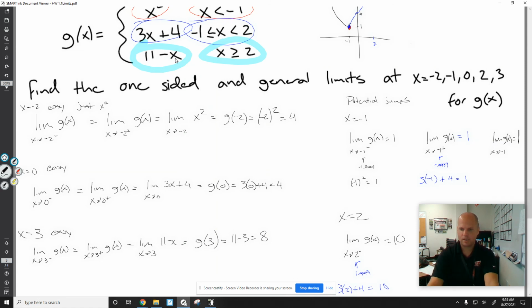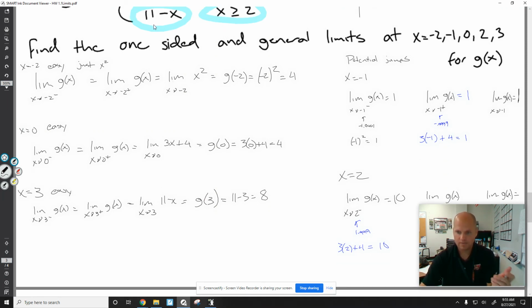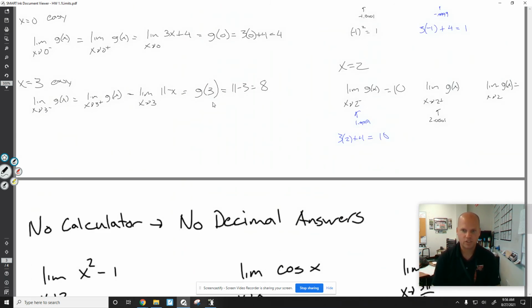As I keep plugging in 2.0000001, closer and closer and closer to 2, I'm going to approach the y-coordinate where I actually plug in 2 into that. 11 minus 2 is 9. 11 minus 2.0001 is close to 9. So we can see that we would be approaching that y-coordinate of 9.